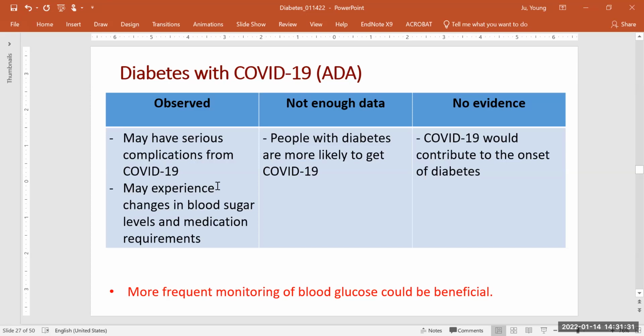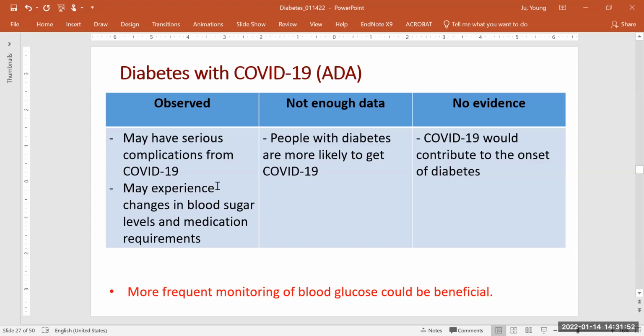For COVID-related complications, people with diabetes can be more severely affected by common infections, including COVID-19. The infection causes a stress response in the body by increasing certain stress hormones such as cortisol and adrenaline.